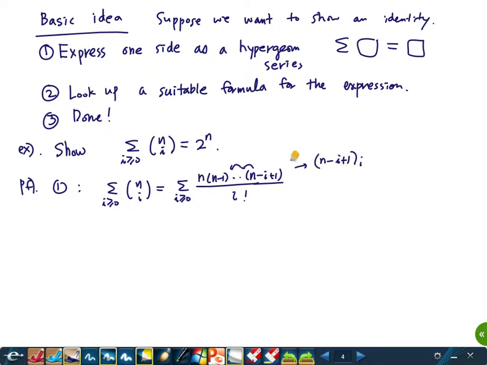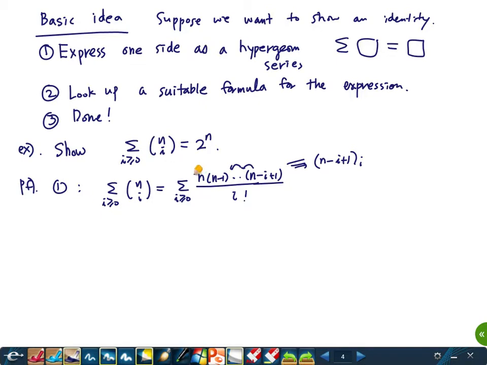This is okay, they are the same, but this is not what we want, because we want this to be a constant with respect to the summation index. This is correct, but we want a constant here. How can we do that? This is constant. The only problem here is that it is decreased by 1 instead of increased by 1. But we can fix this by multiplying by minus 1.